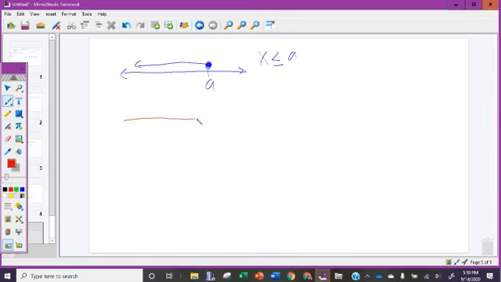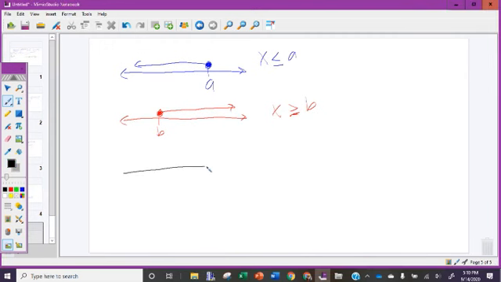You can have B. Let's say I have B here, heading that way. So X is greater than B. If I close it, X is greater than or equal to B.